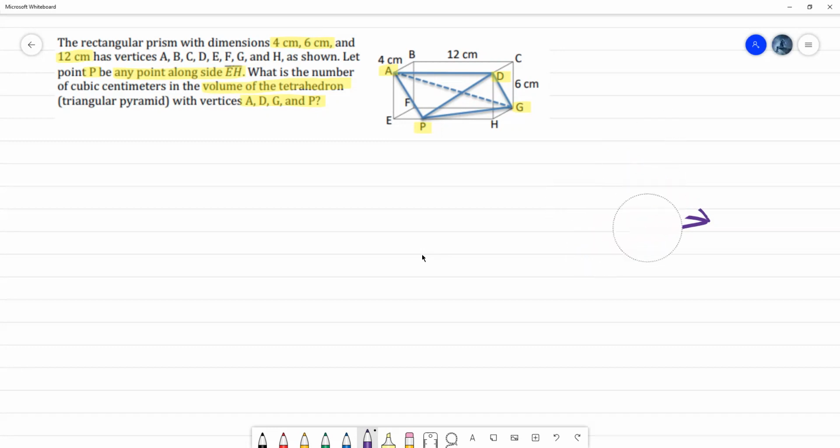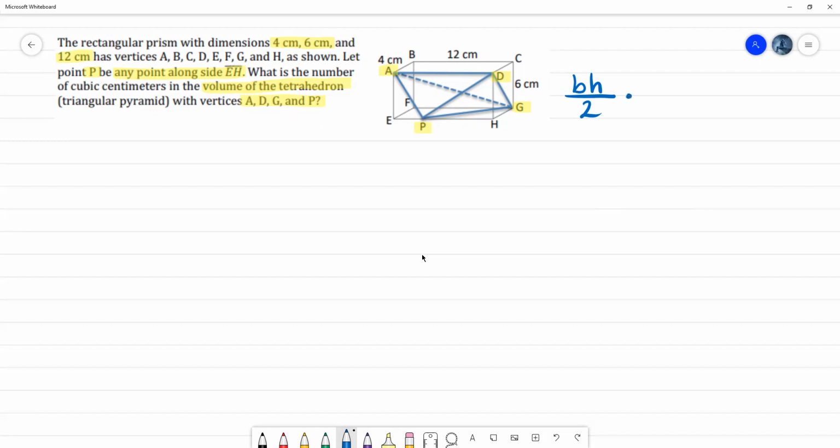So now that you know what a tetrahedron looks like, you'll need to know the formula for the volume of the tetrahedron. First of all, you'd need to know the area of the triangle, or its base. And we know that the formula for the area of a triangle is base times height over 2. Next, you would need to know the height of the three-dimensional tetrahedron.